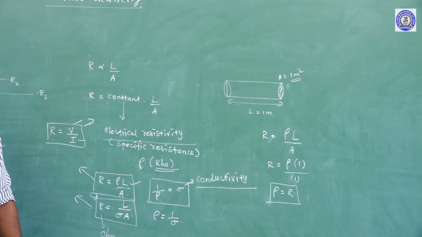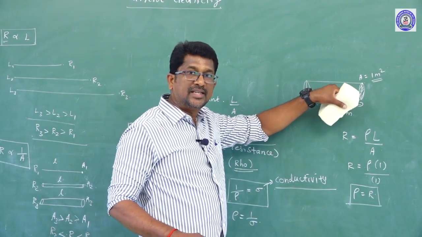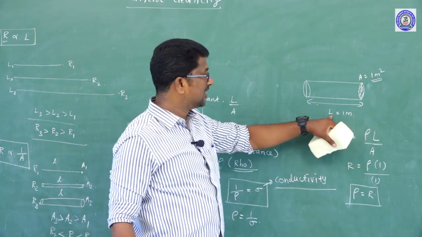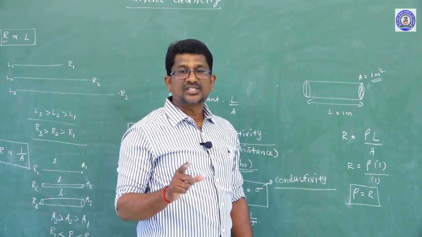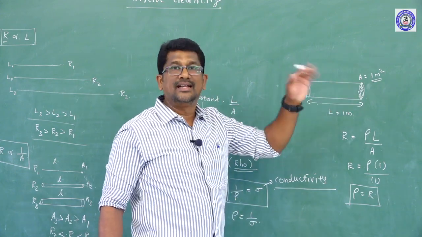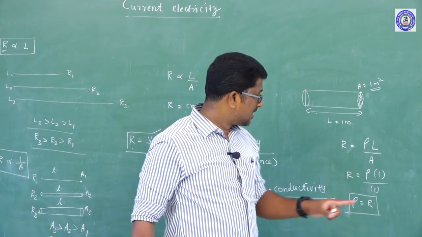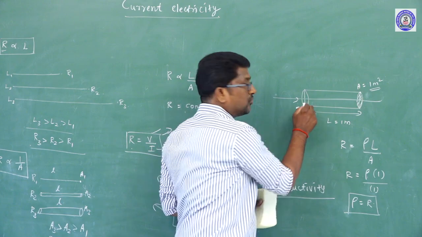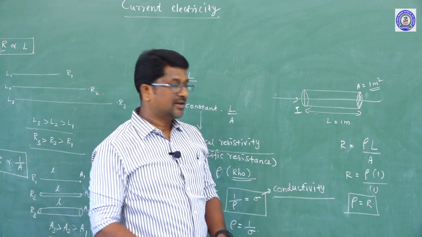It means electrical resistivity is the resistance offered by the conductor to the current flow having unit length and unit area of cross section. If the length of the conductor is 1 meter and its area of cross section is 1 meter square, then the resistance offered by this conductor is called electrical resistivity.